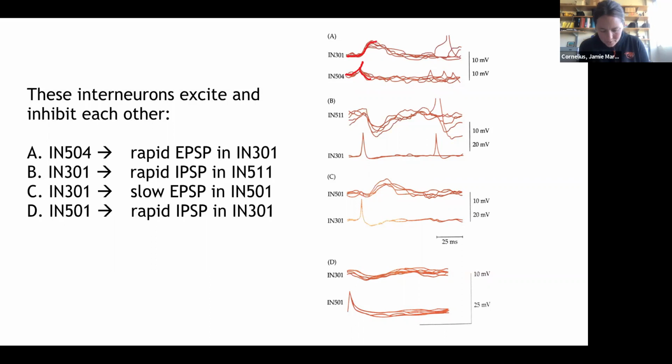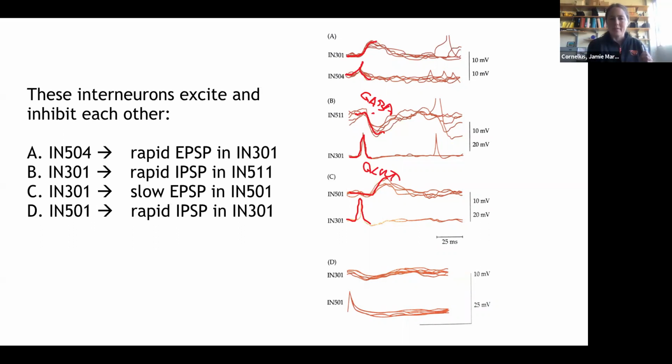In the next trace, when 301 fires, it actually has an inhibitory postsynaptic effect on 511. 301 also, when it fires an action potential, excites 501. So you can see that 301 is impacting different cells differently. And so presumably it has GABA at the synapse with 511 in this one, and then glutamate here, or some other excitatory neurotransmitter.